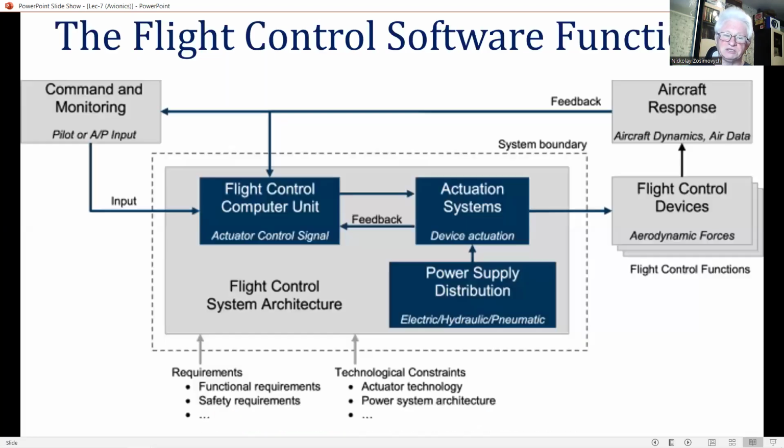The main functions that are carried out by the software for the flight control computers can be divided into three basic areas, which have a degree of interaction and comprise: redundancy management, control laws, and built-in tests.